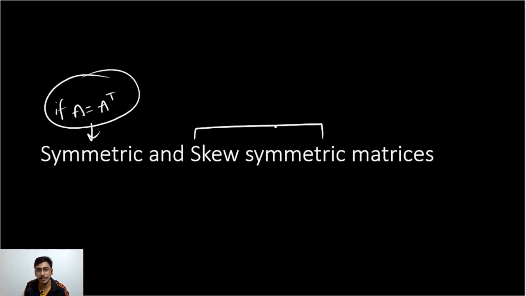And a skew symmetric matrix means A is equal to minus of its transpose. Don't confuse transpose with inverse. Inverse is like a kind of division operation, whereas transpose just turns your rows into columns and columns into rows.